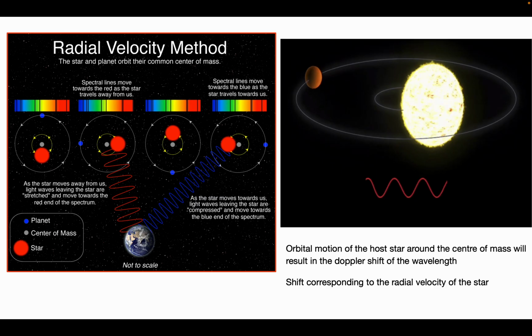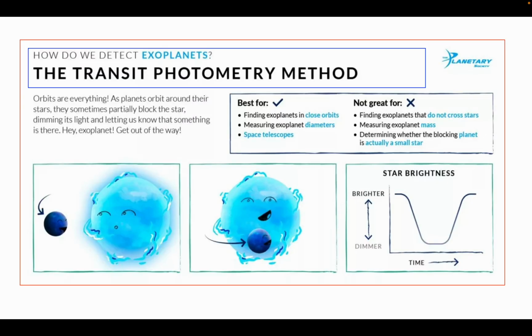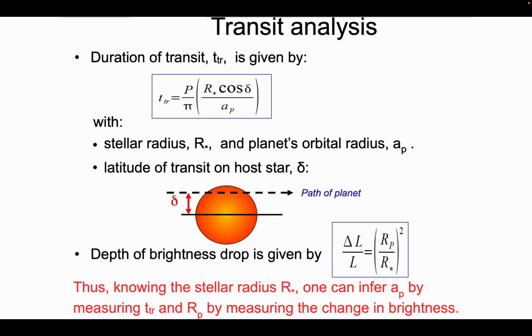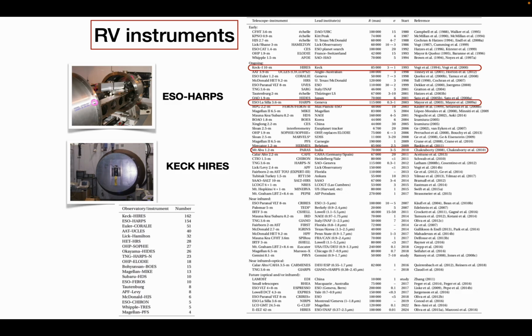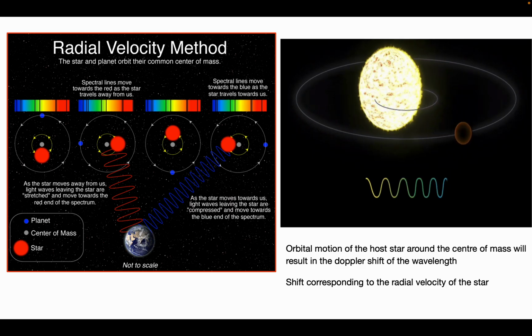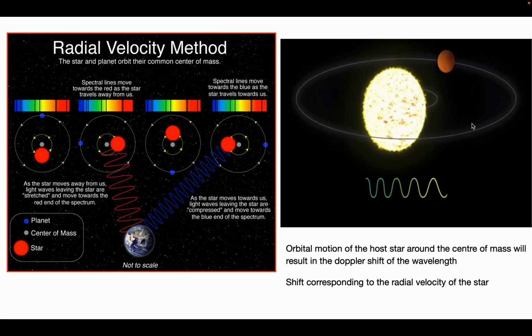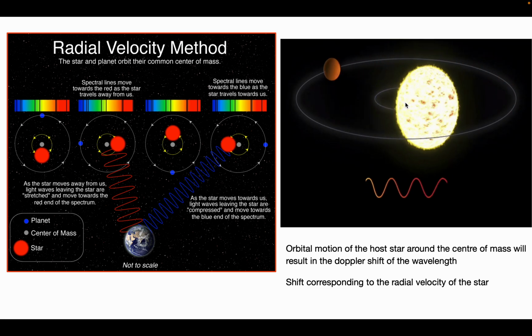The next step, I am just recapping yesterday's lecture. The radial velocity method, as this GIF is showing, works because the star and the planets are rotating about a common center of mass.